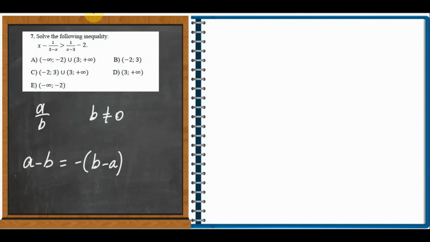So let's start solving our inequality. x minus 1 over 3 minus x is more than 1 over x minus 3 minus 2. That's the question. Now, let's apply what we said before. 3 minus x is the same as negative x minus 3.